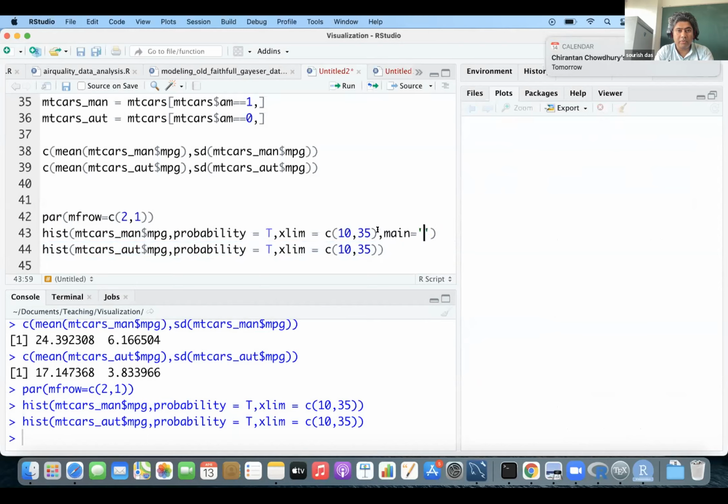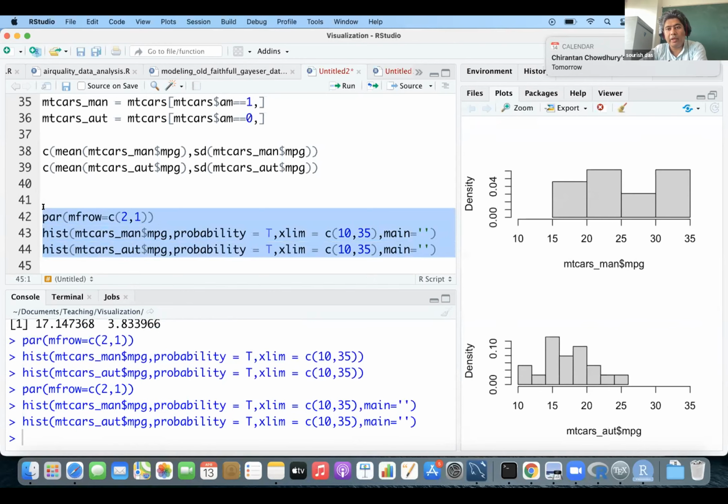I'm asking both the plots to have the same scale on the x-axis, 10 to 35. Then only we will understand what is exactly happening.